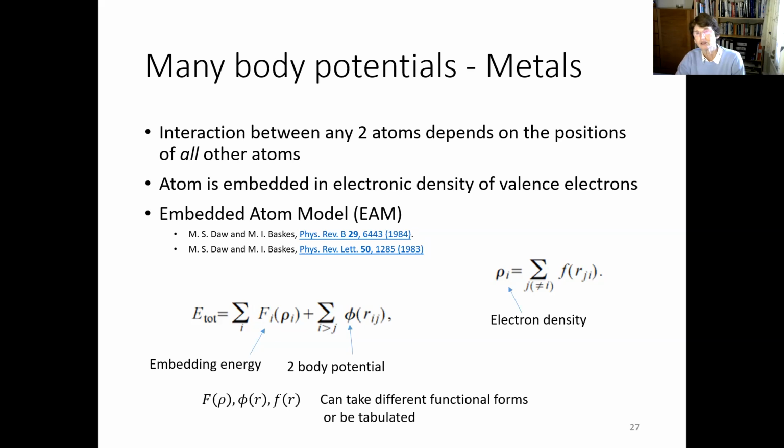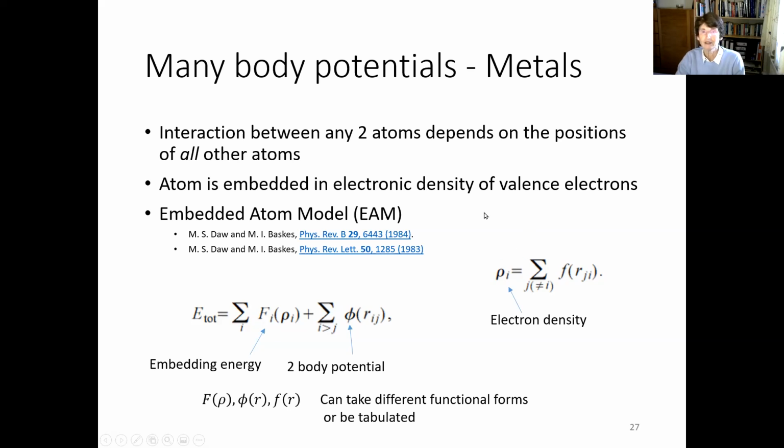And that is because, as you will have learned as undergraduates, when you think of metallic bonding, you think of the bonding being through a sea of electrons. So you don't get bonding between two atoms. You basically get cohesion because you've got the sea of electrons and all these positively charged nuclei, which are all held together by this sea of electrons. So this is quantum mechanics that we're trying to reproduce with our classical potentials.